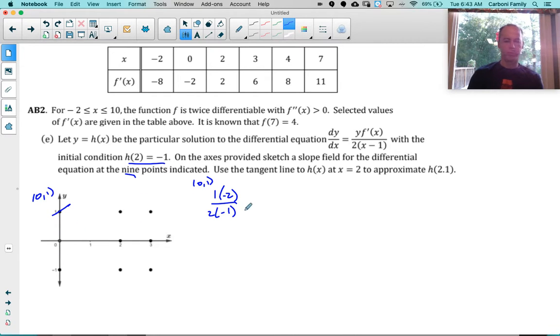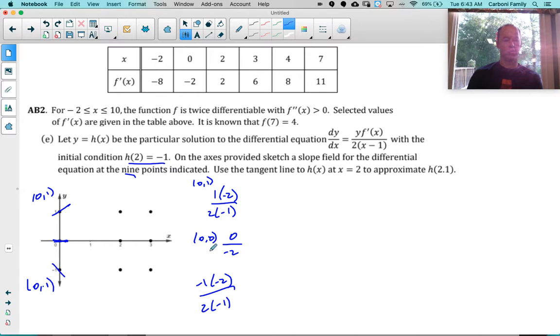Then if I plug in 0, 0, I would have 0 on top. f prime of 0 is negative 2, over 2 times negative 1. So 0 over negative 2 is 0. Plug in negative 1. So this is ordered pair 0, negative 1. So we have negative 1 times f prime of 0, which is negative 2, over 2 times negative 1. That's going to give me a slope of negative 1.